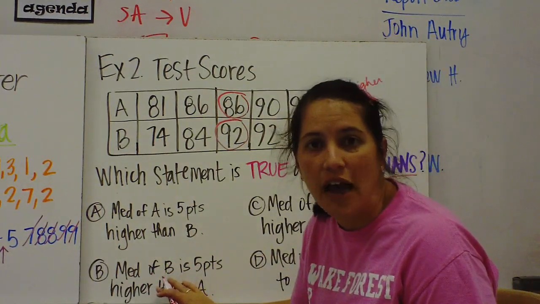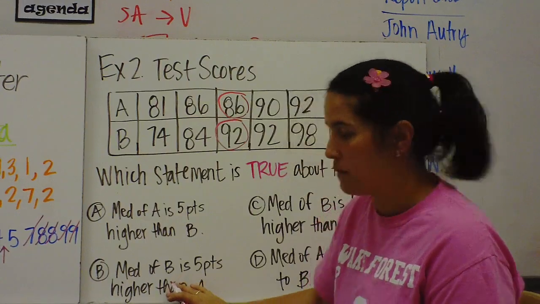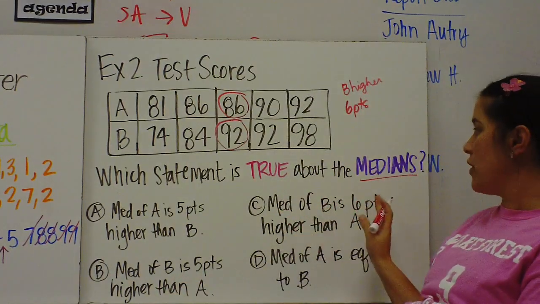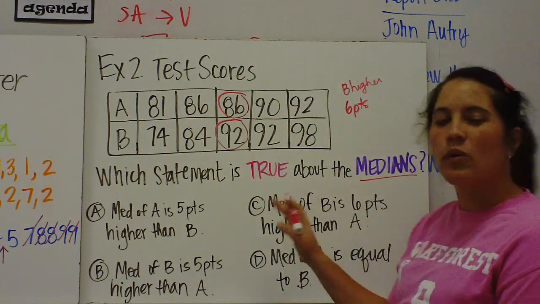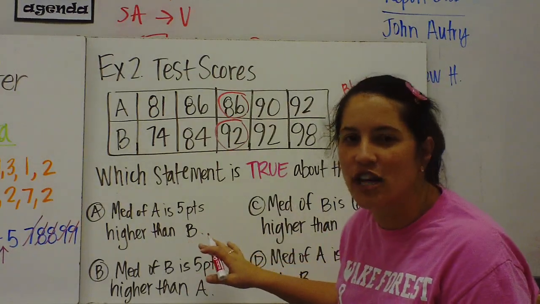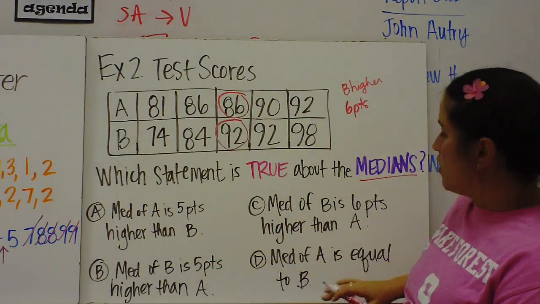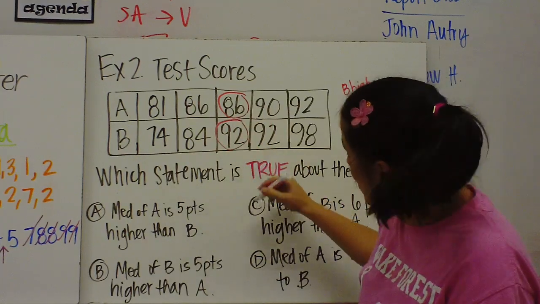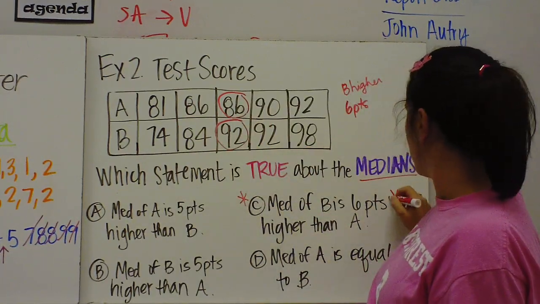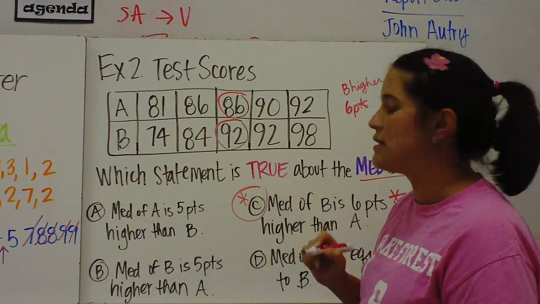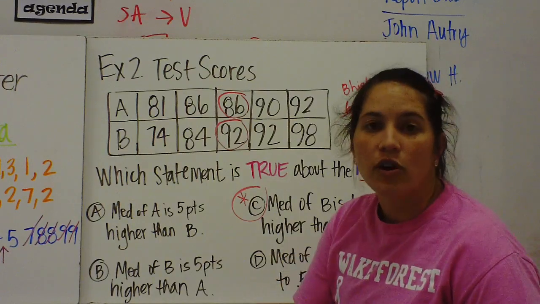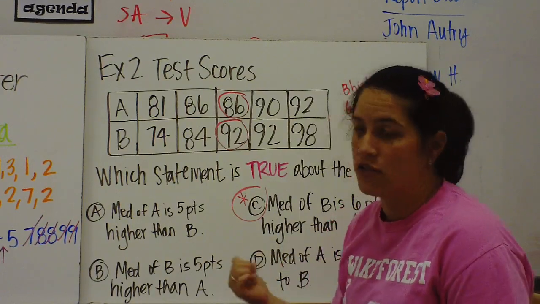So the median of B is higher, but is it 5 points higher? No. Median of B is 6 points higher, and that's what we just said. So we're pretty sure it's C. Let's just check D. Median of A is equal. Well, they're definitely not equal. So the answer is C. That is how you are going to have multiple choice questions on the EOG.